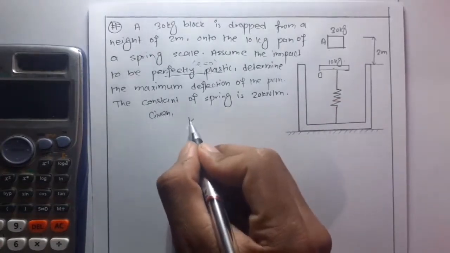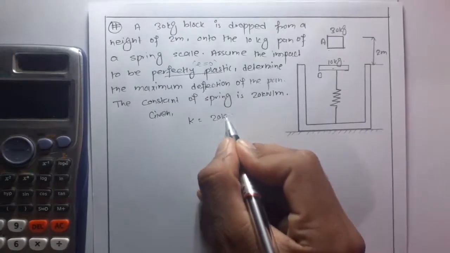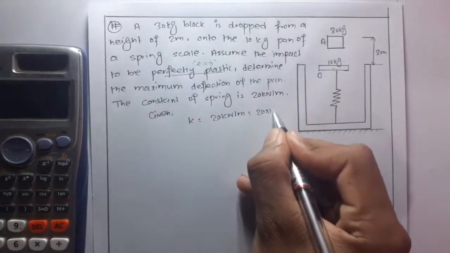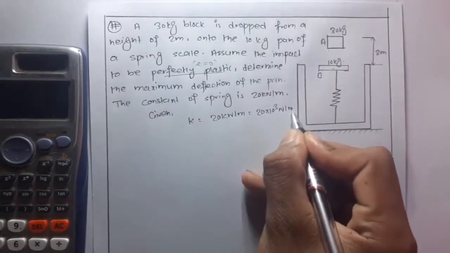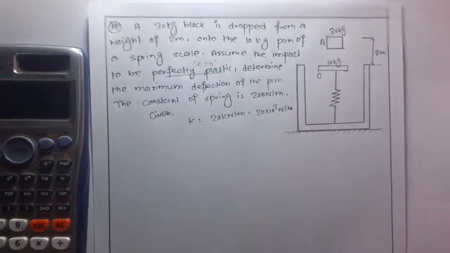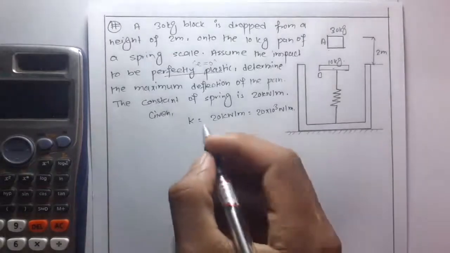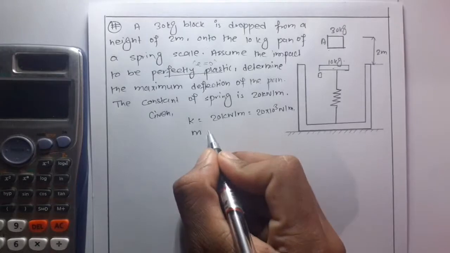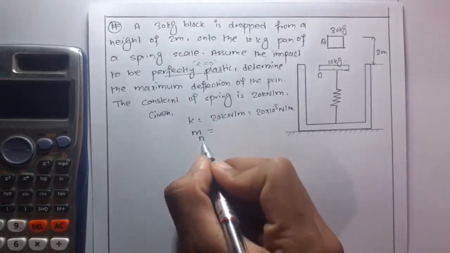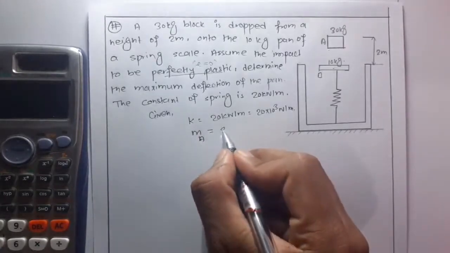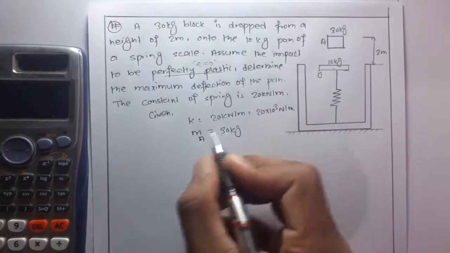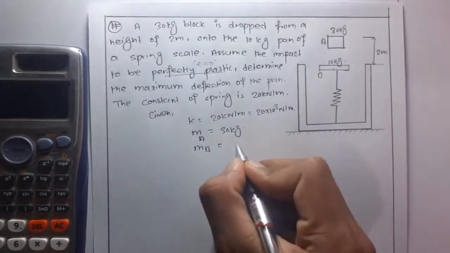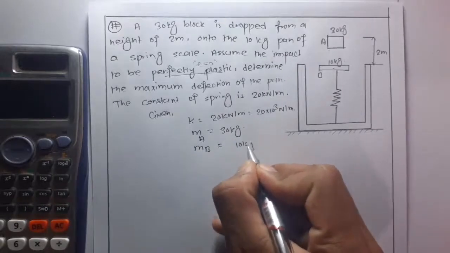Given the spring constant k is equal to 20 kilonewton per meter, which is 20 into 10 to the power 3 newton per meter, and the mass of block A is 30 kg and the mass of pan B is 10 kg.